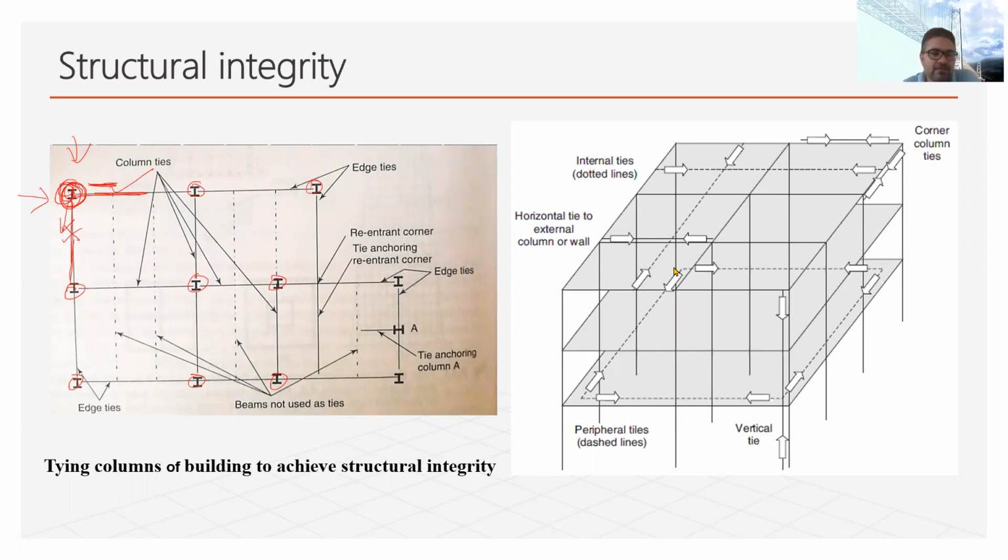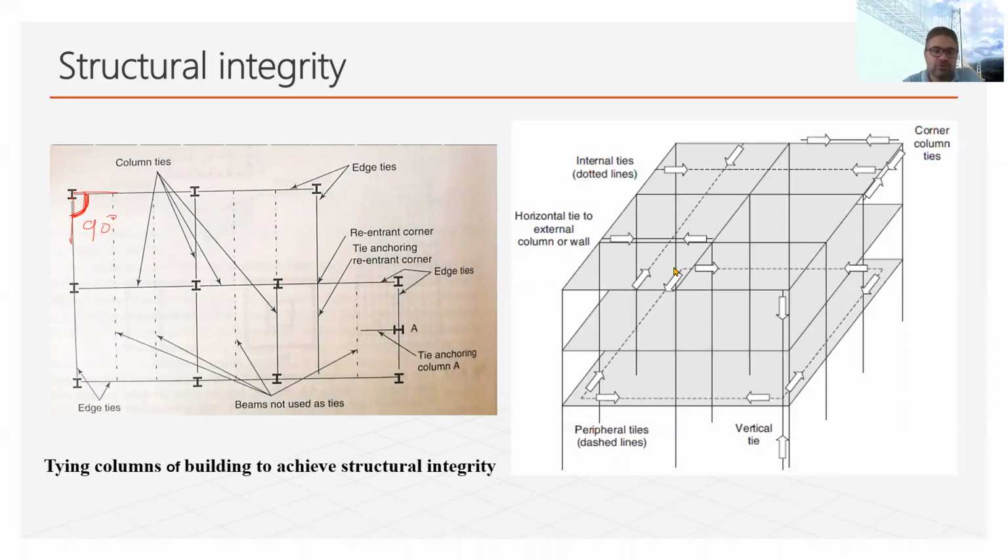So that is why to ensure the structural integrity, we have to tie column from both directions, from this and from this. And preferably the angle between these two tie members should be 90-degree. Then only the structural integrity and its efficiency will be maximum.